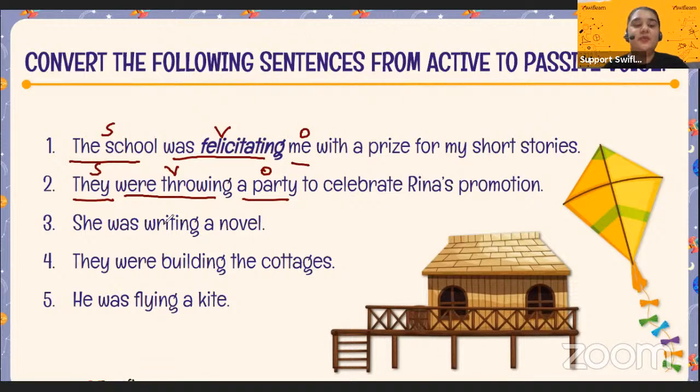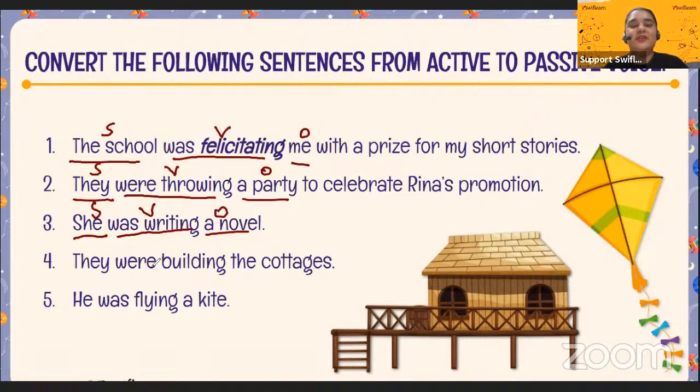Let's move to third one. Tell me the subject here. Yes, was writing is your verb. And which one is the object? A novel. Very good. A novel was being written by her. Clear?